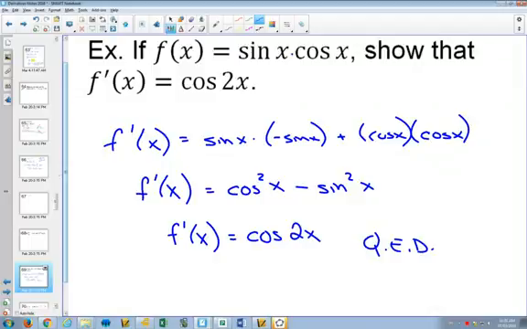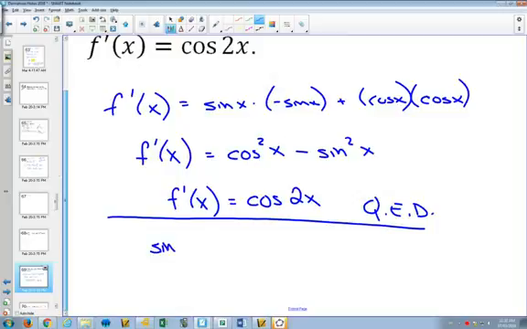There comes the recognition of, hey, if I have sine x cos x, that's awfully similar to a formula that we have. One of our other double angle formulas is that sine 2x is equal to 2 sine x cos x. That's very similar to what we had to start with, except the 2 is not in front.